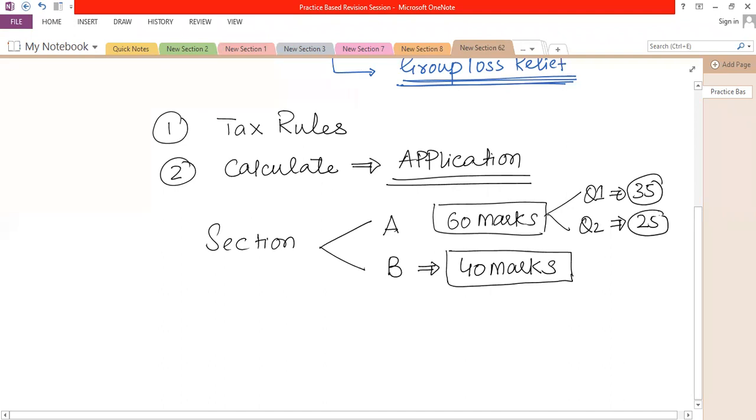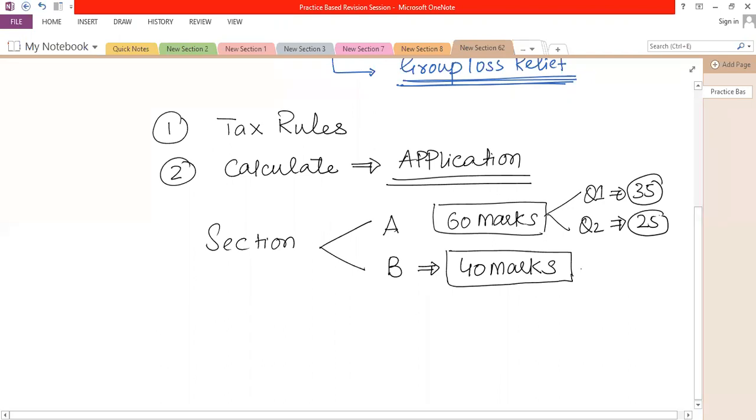So question number 1 is always a difficult one to handle because it requires a lot of information, plus the presentation must be very good because you have to score 4 professional marks in question number 1. And there will be few ethics marks in section A as well.